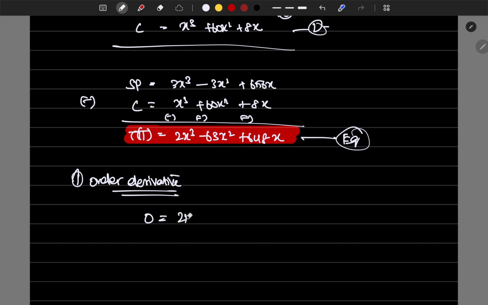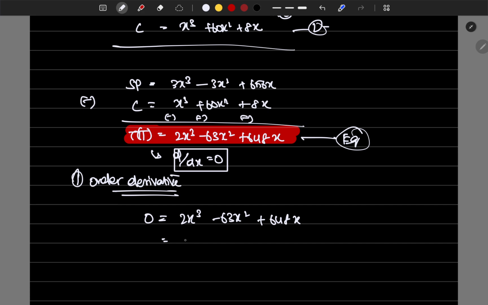Zero is equal to 2x cube minus 63x square plus 648x. dy by dx is equal to 0 only, so we are making it 0. The equation becomes 0.